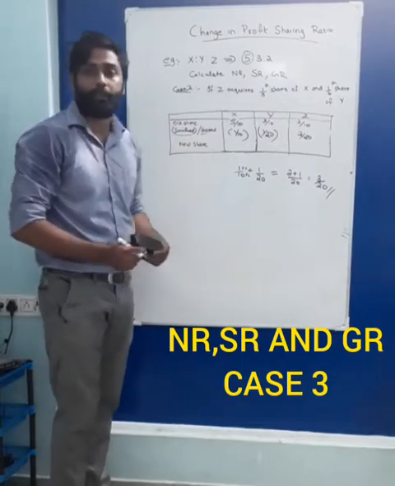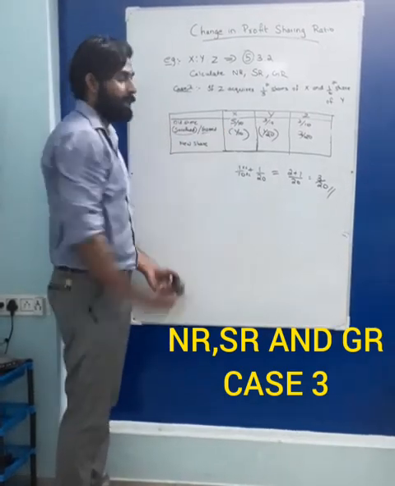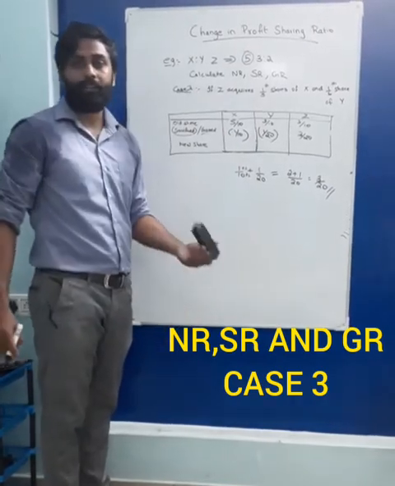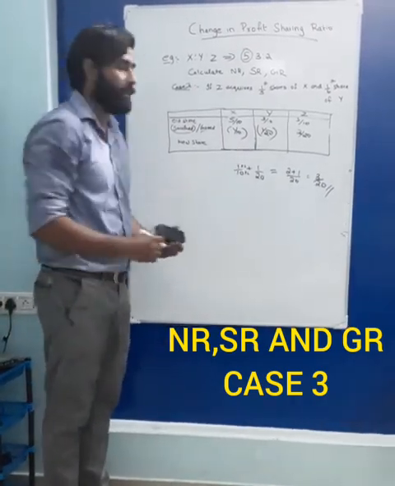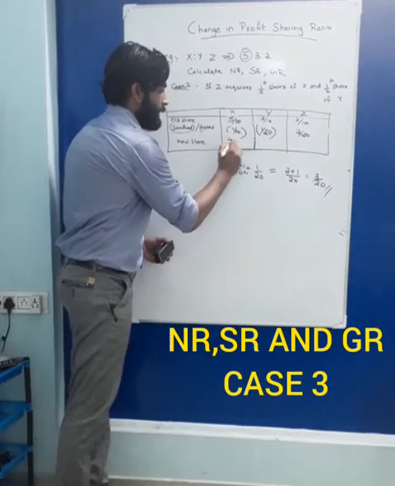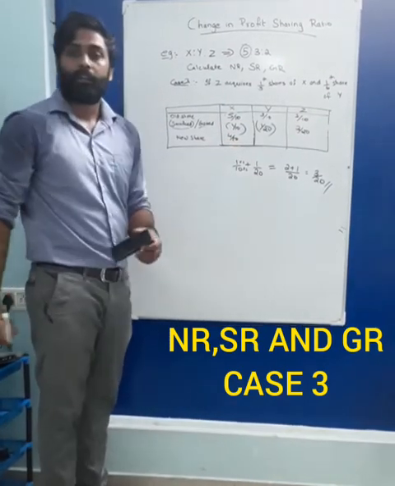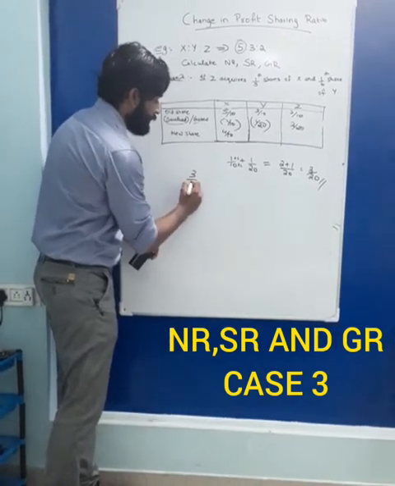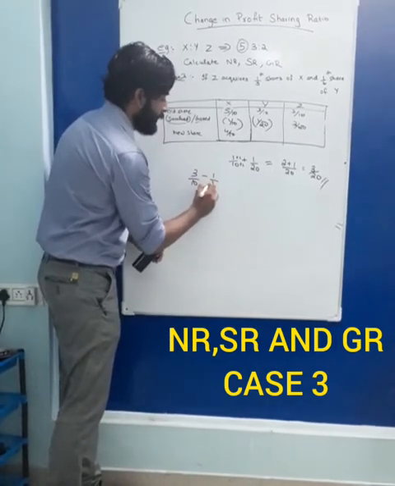Now we have to calculate the new share. Earlier X had 5 by 10. Now he sacrificed 1 by 10. Remaining is 4 by 10. Then in the case of Y, earlier had 3 by 10. He sacrificed 1 by 20.